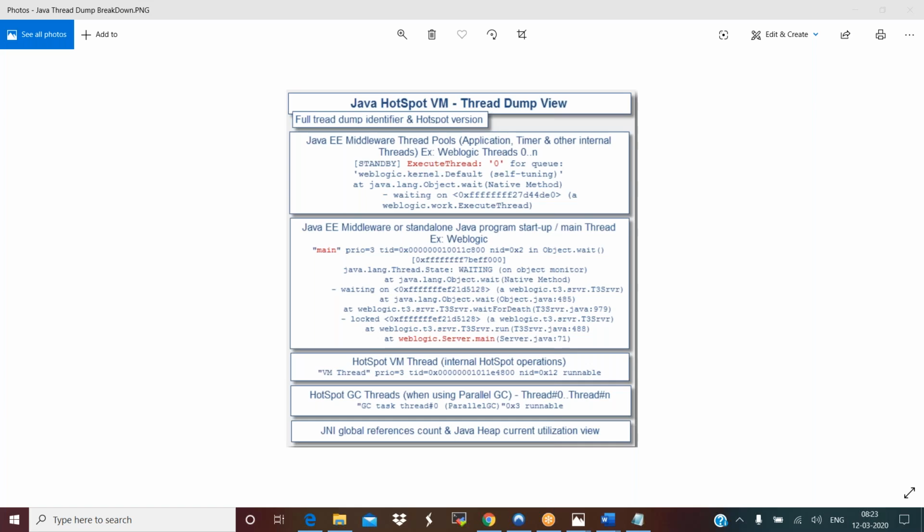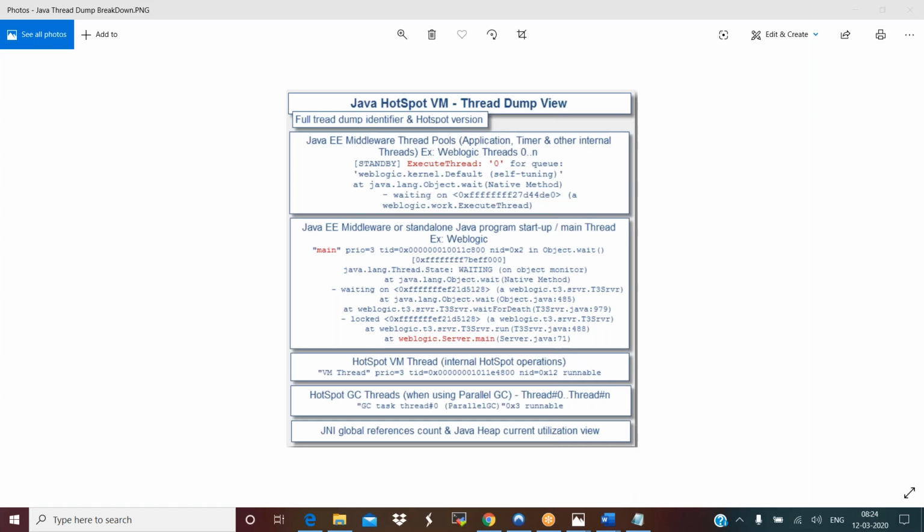It is not that you have to take heap and thread dump only in one scenario. To understand all the memory level statistics and the actual behavior of the application, you need thread dump and heap dump. This again talks only about the middleware software, the application servers like WebLogic, WebSphere, JBoss.